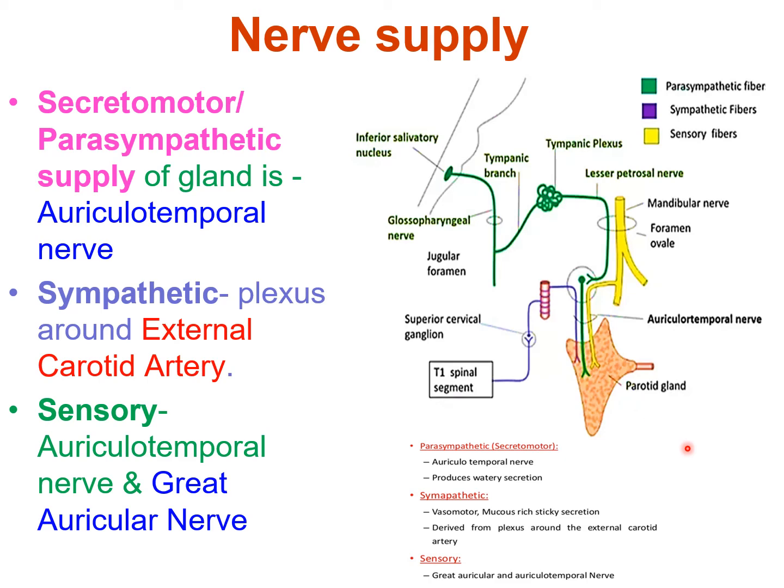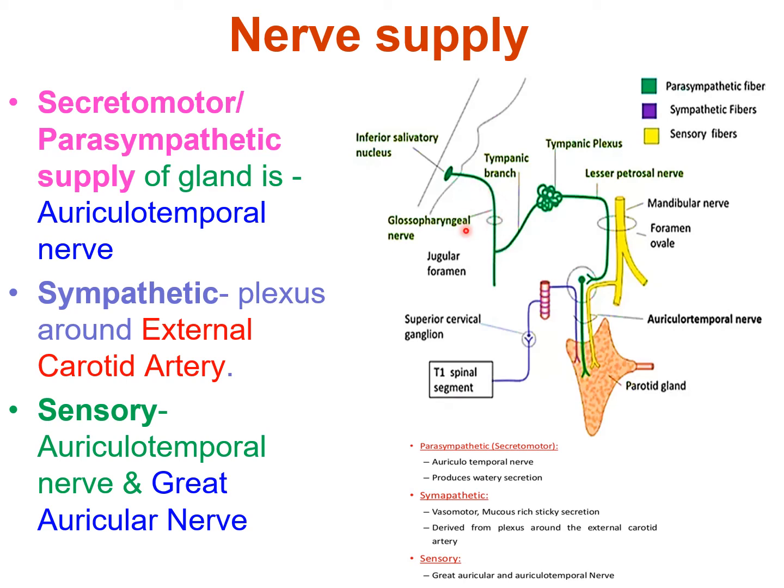These nerve impulses are transmitted along the cranial nerves to the parotid gland. So the gland is under parasympathetic regulation. It receives these fibers from the lesser petrosal nerve. The lesser petrosal nerve is a branch of glossopharyngeal nerve, which is the ninth cranial nerve.